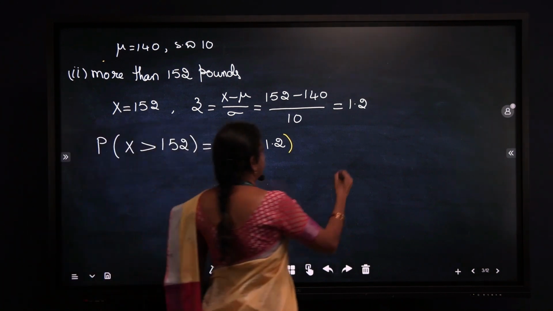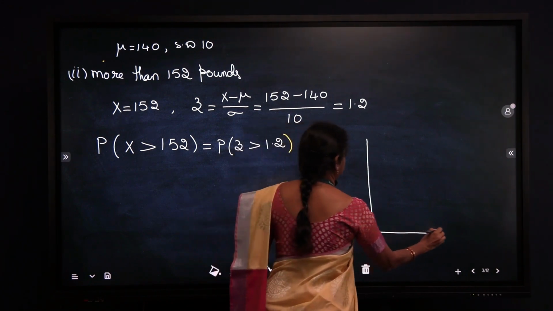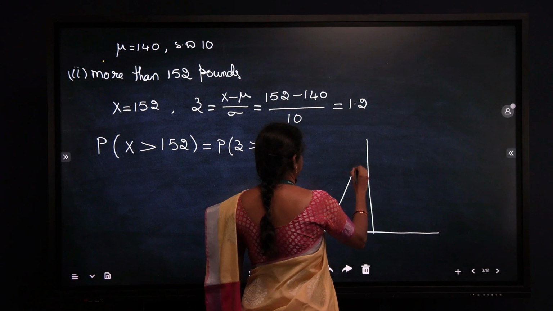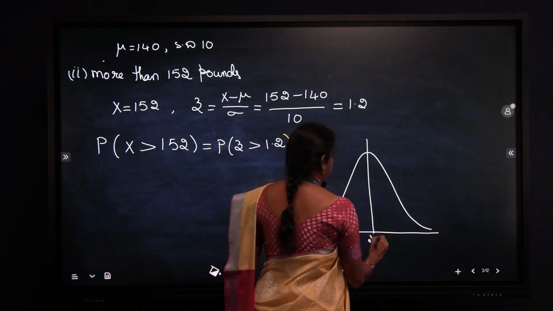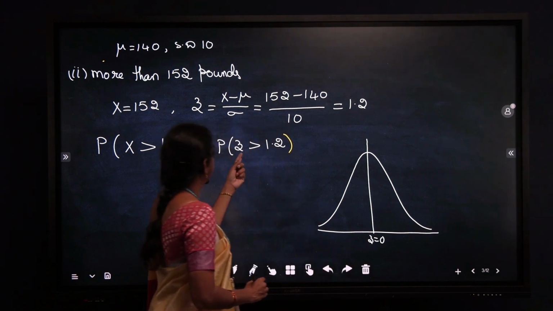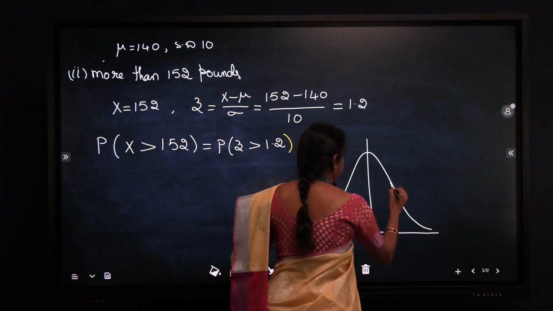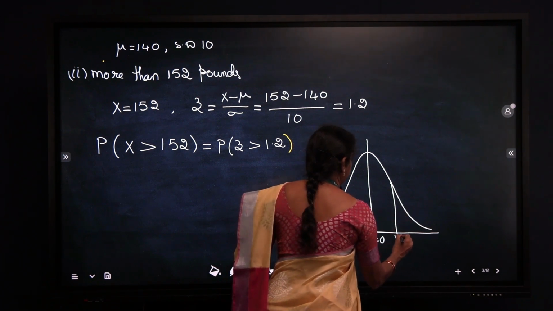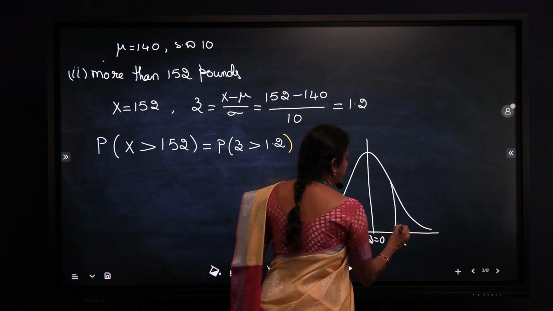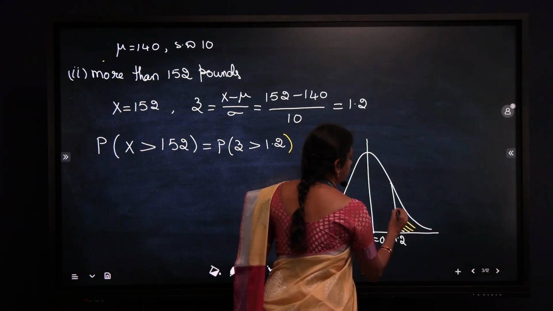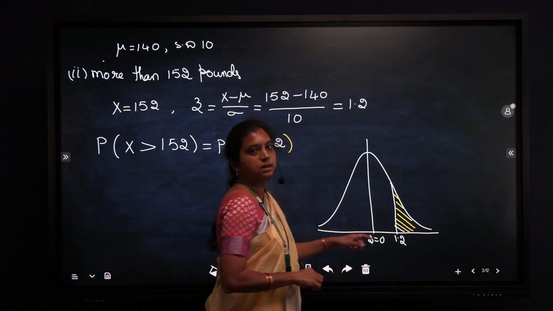Now if I plot the normal curve using the same procedure, Z is 0 here, and here the Z value is greater than 1.2. So I'll take the value 1.2 somewhere here because it is positive, and since it's mentioned as greater than, the area covered will be on the right-hand side of 1.2, right? So this is the area covered.